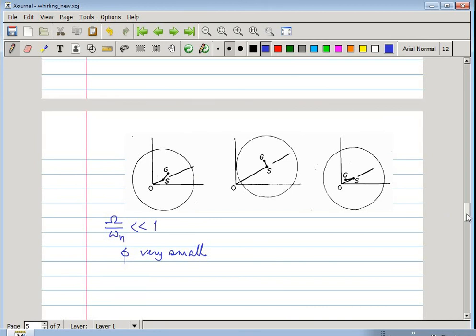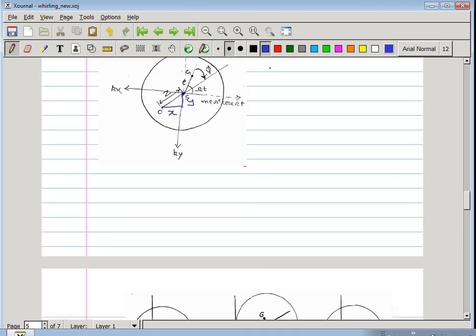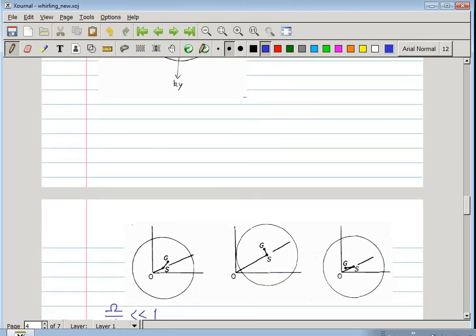Phi is very small, so E and OS are almost in the same line.